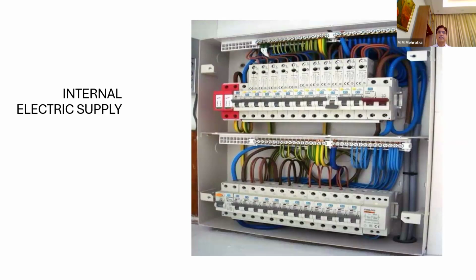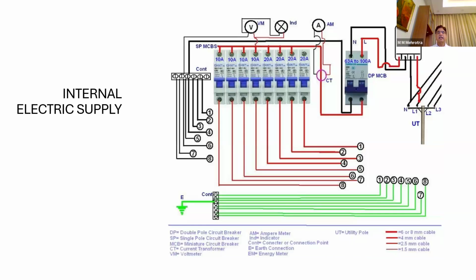When construction takes place, this distribution board carries wires which are connected in a very haphazard manner. They should be neatly connected. Here is the color code which I was mentioning.